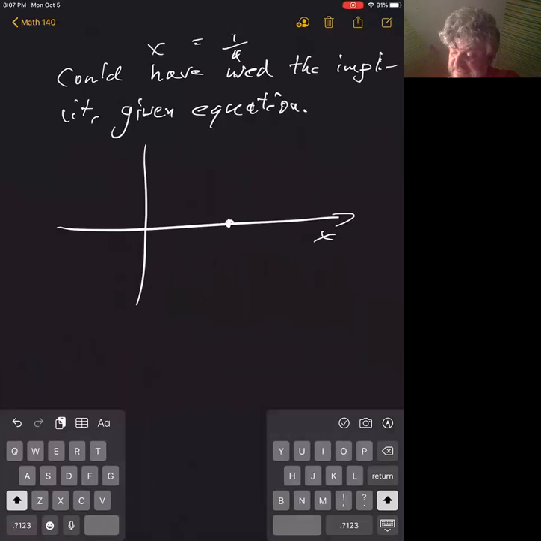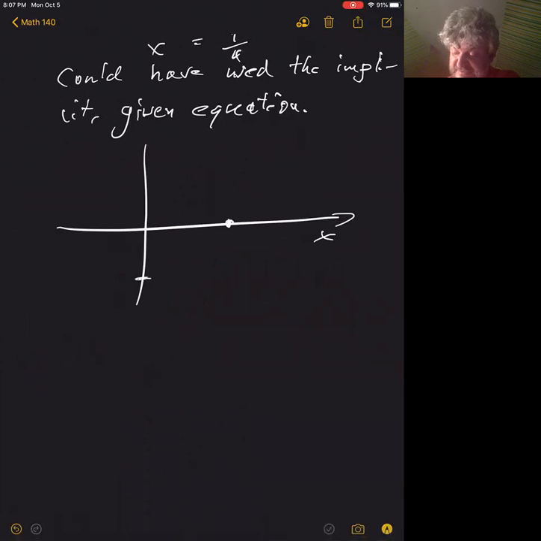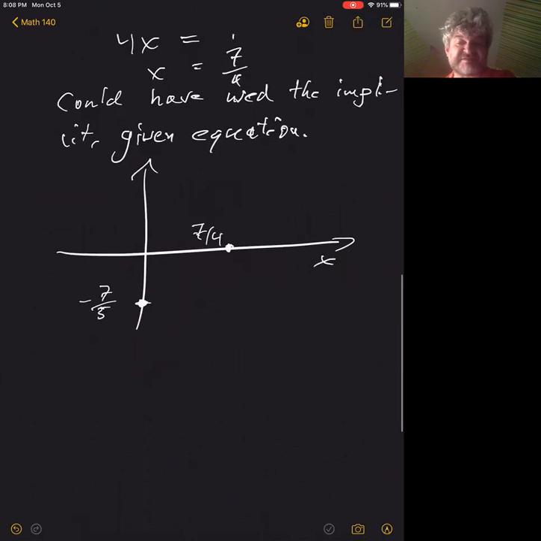So that's somewhere on the y-axis down here in the negative part. I'm going to write this in. 7 over 4 here, negative 7 over 5 there. And our line passes through both these points. So the line is completely determined by the x and the y-intercepts.